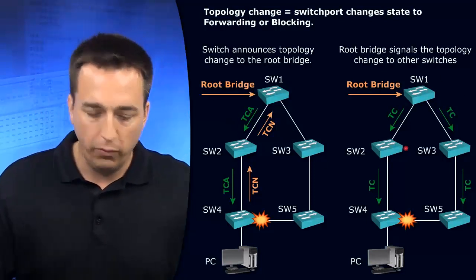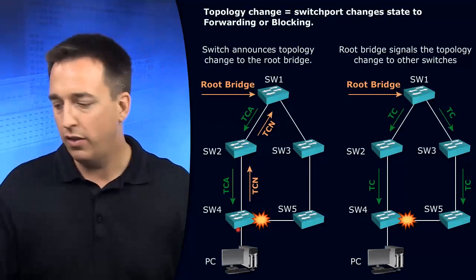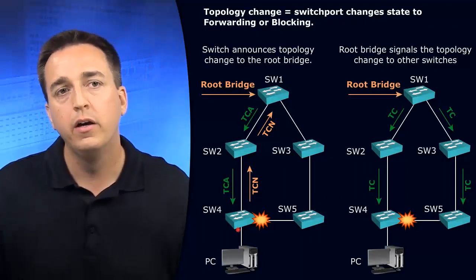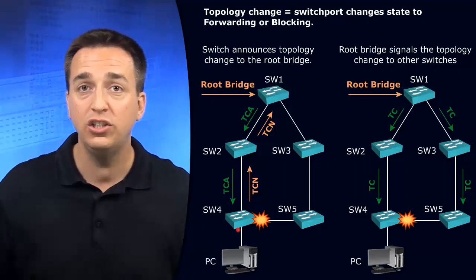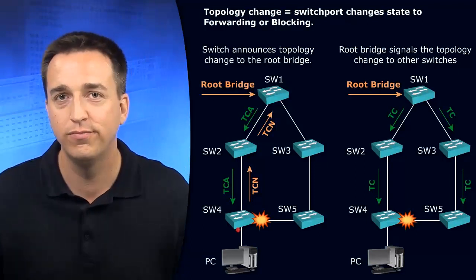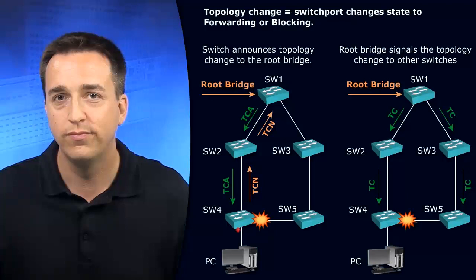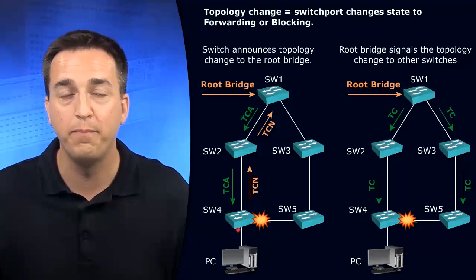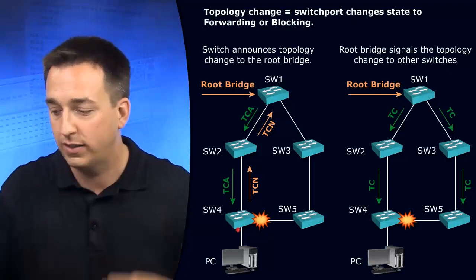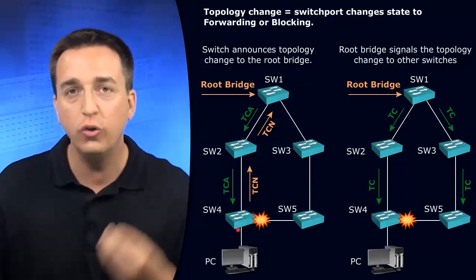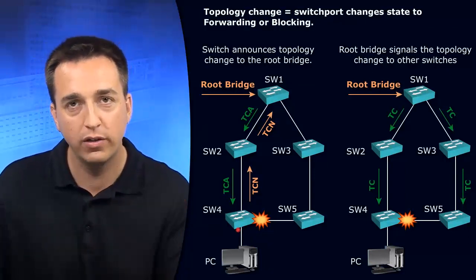When we are dealing with those ports that are connected down to the PCs, these ports will generate topology change notifications if they go up or down. It's occurring because it's a direct change to the current switch.